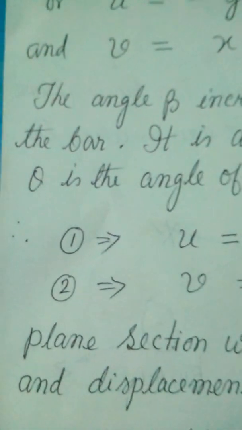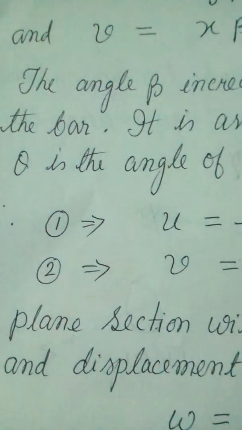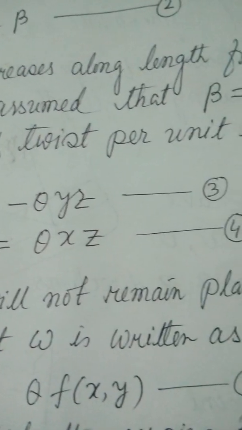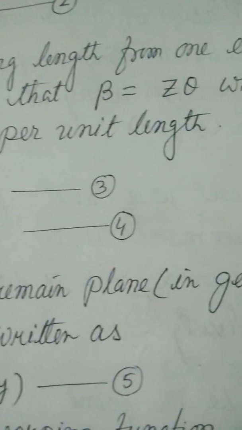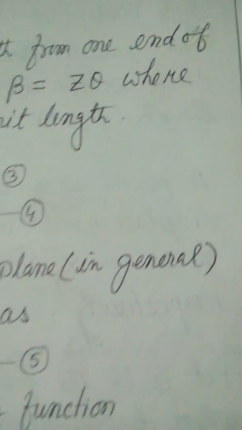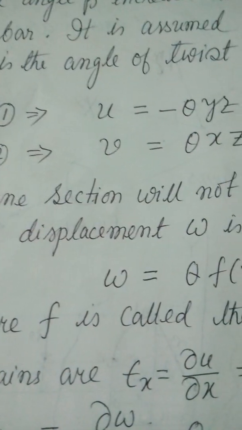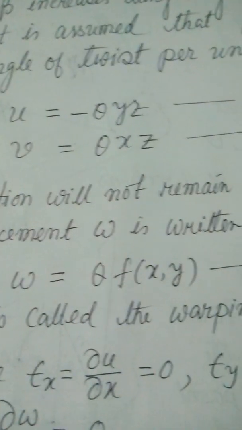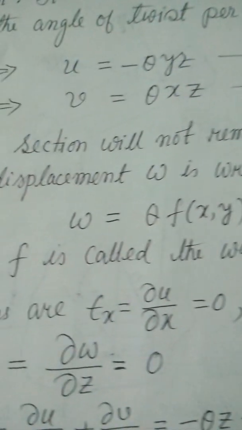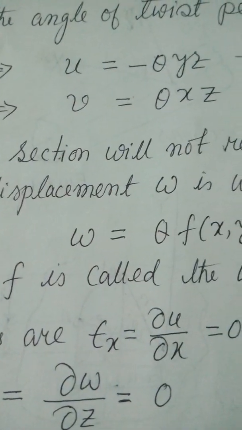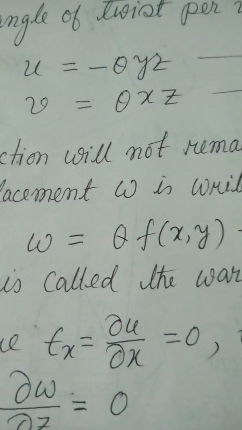Now again I will roll. I will just show you the details. Here u is equal to minus theta yz, v is equal to theta xz.